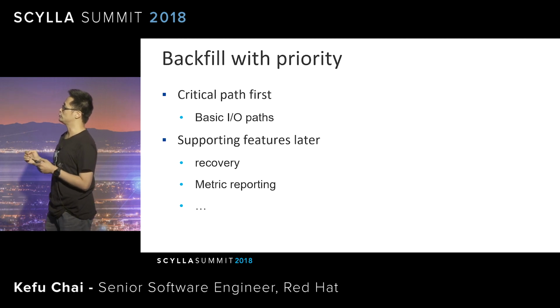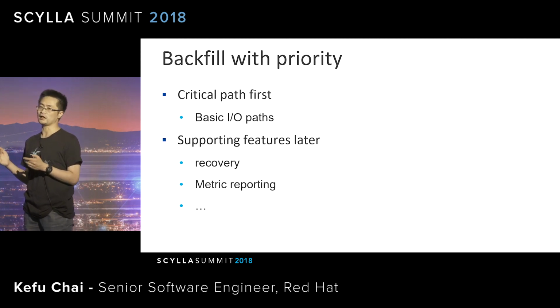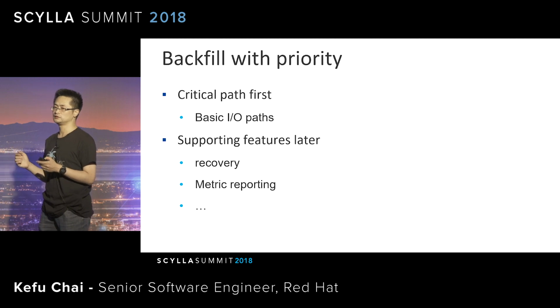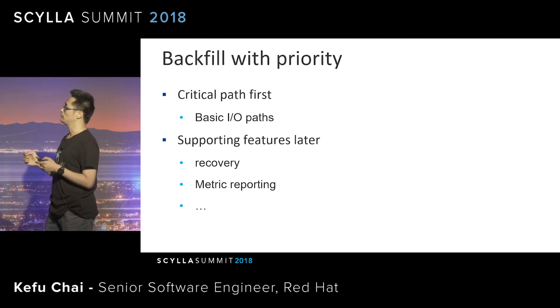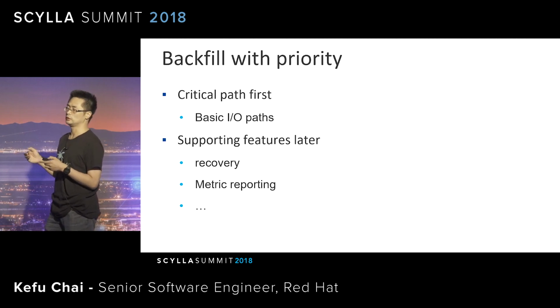The approach we chose is to port the basic I/O path so that we can have the basic idea of the benchmark, how it performs with the minimal feature set. So we can have a baseline.